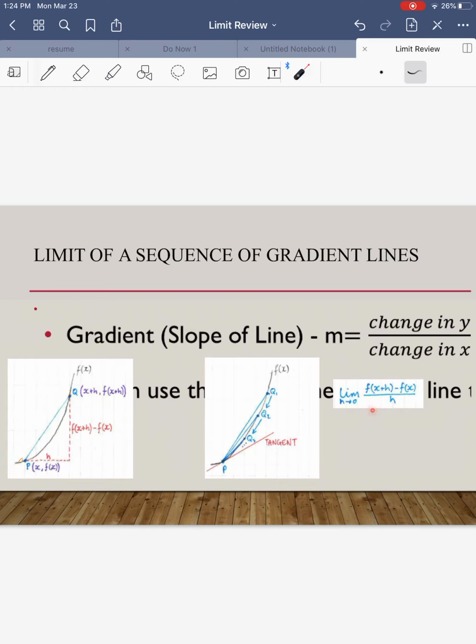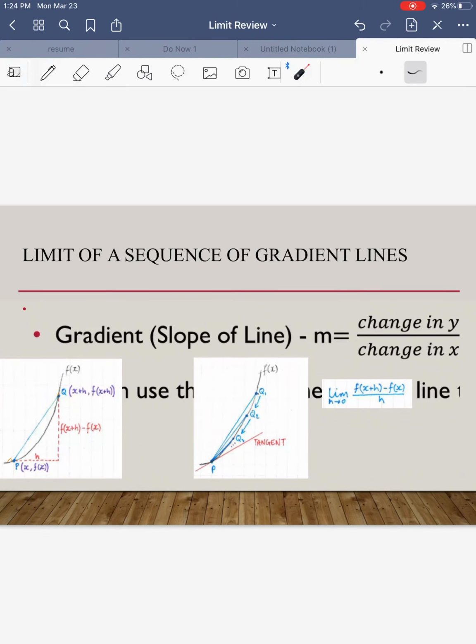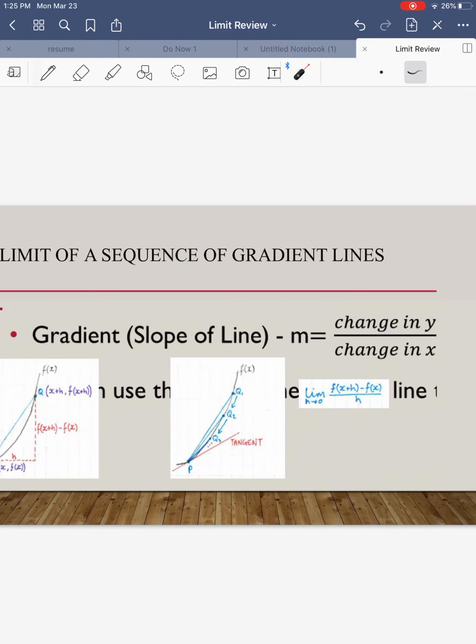We make it close to 0, so we take the limit as h goes to 0 of our slope, which is f of x plus h minus f of x over h. And so we're able to find the tangent lines at whatever particular x value that we want to find it at by finding the slope.